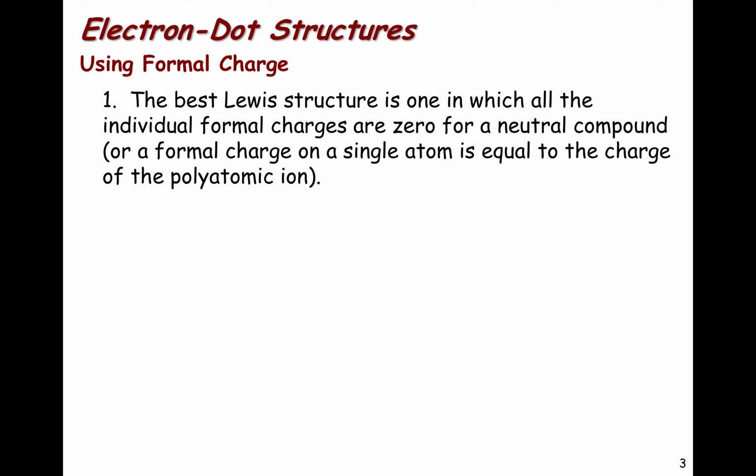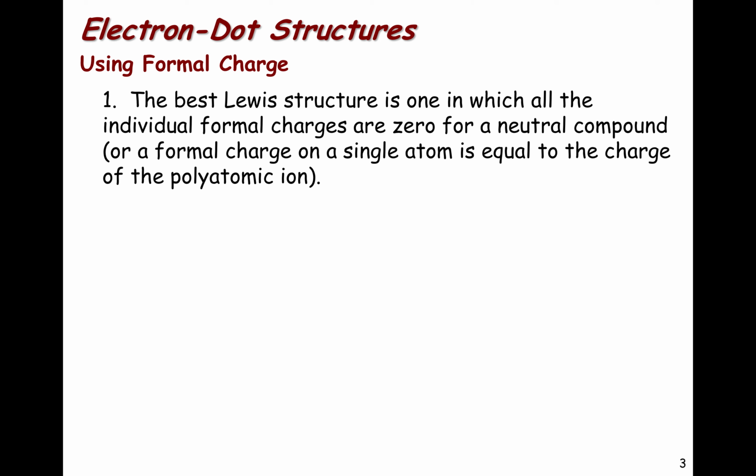Shown here are some guidelines for determining which of a number of possible Lewis dot structures might be the best description for that particular molecule. The first general rule is that the best Lewis dot structure will have the lowest possible formal charges for all the atoms involved. In other words, if you have a molecule where all the formal charges are 0, that's probably better than a situation where one or two of them have some other formal charge value.